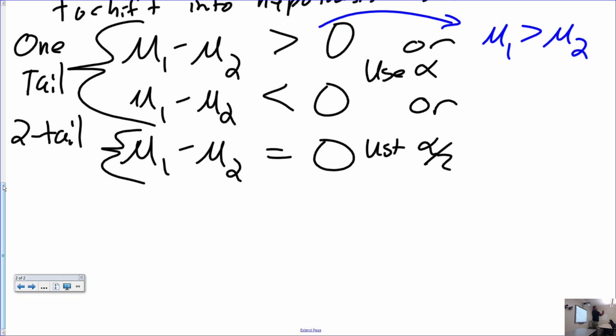And if you want to do it in the reverse order, that's where you go the other direction. And then if you're just trying to prove that the population means are different or equal, that's when you're doing the last one, right?